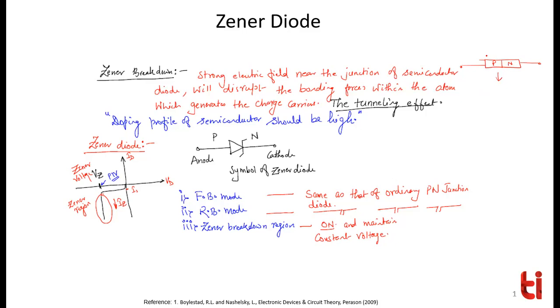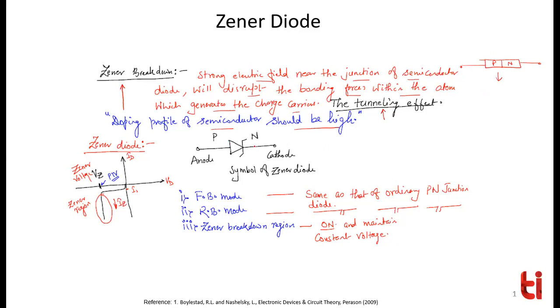We call this diode a Zener diode. A strong electric field near the junction of the semiconductor will disrupt the bonding force within the atom, which generates the charge carriers and the tunneling effect. The doping profile of the semiconductor should be high if we want to have a Zener breakdown. So what are the characteristics of a Zener diode?